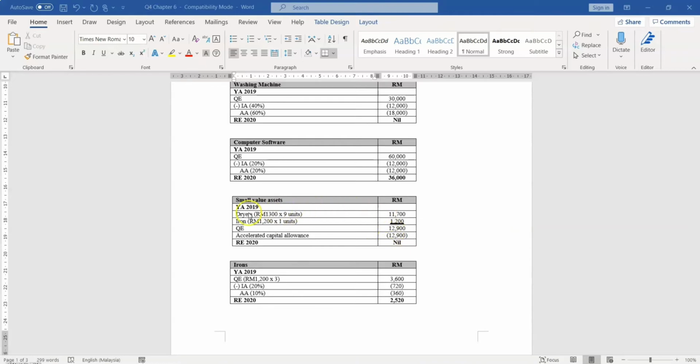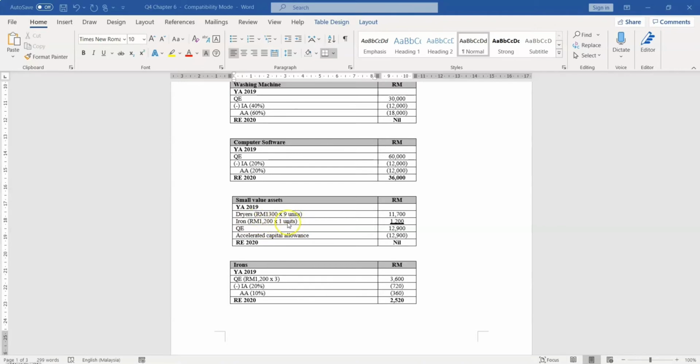So the dryers already 11,700, plus the iron we get 12,000 and 1,900, so already cannot add anymore. So the qualifying expenditure is this amount, and then we minus all the capital allowance, and then we will always get nil.